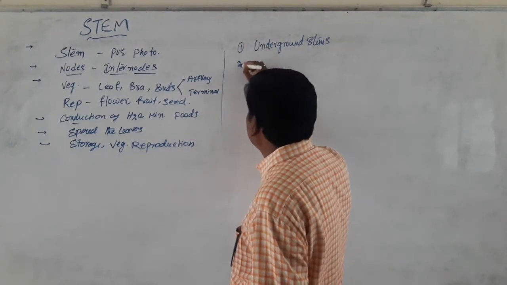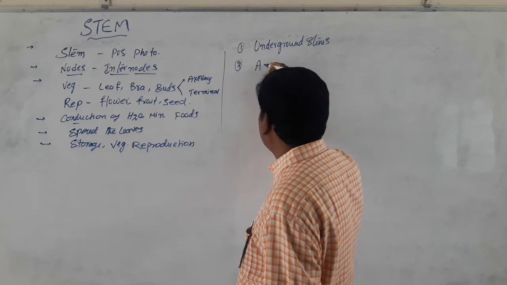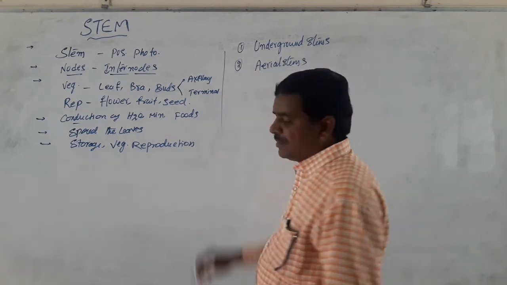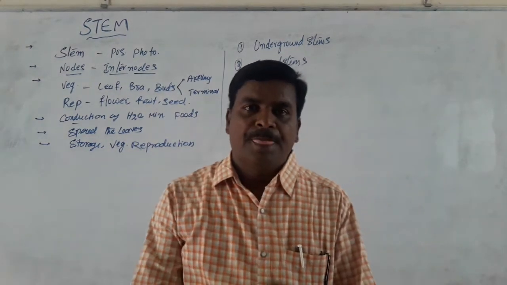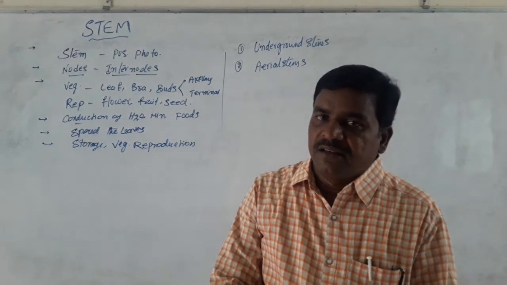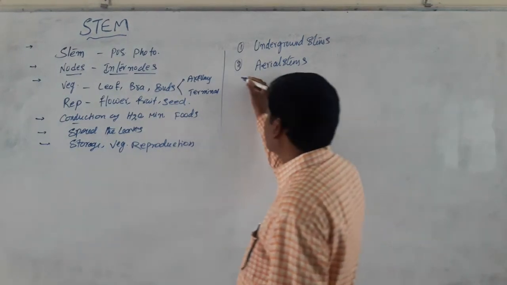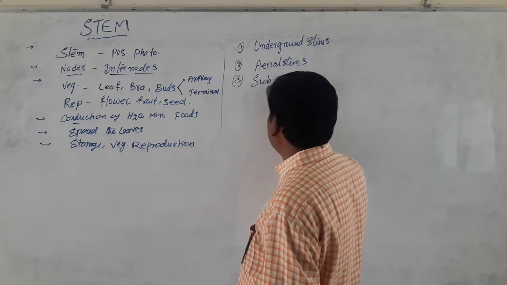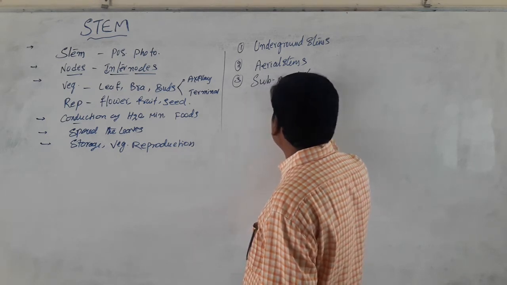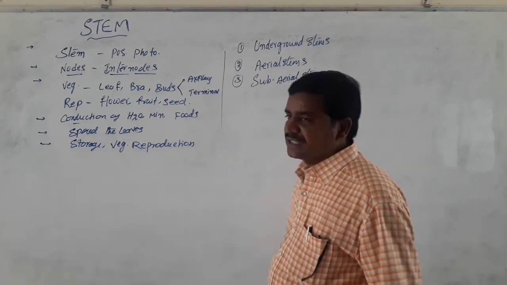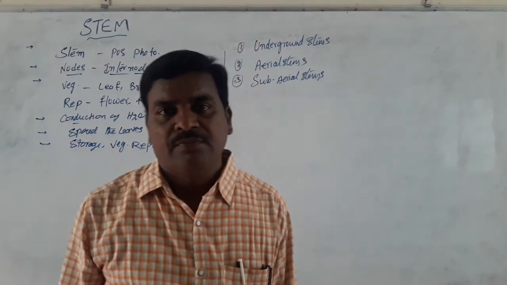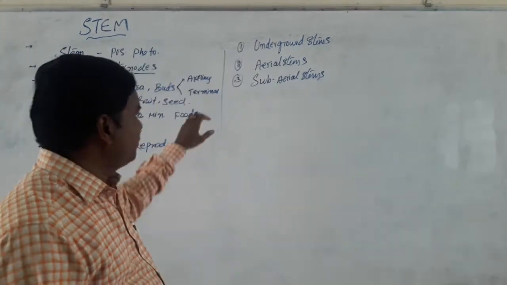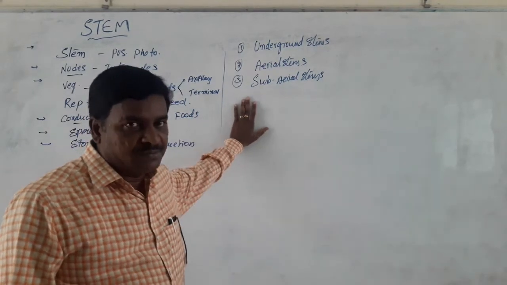The second type is aerial stems. In most of the members, the stem is present outside the ground, that is, aerially. Aerial stems are common in plants. Similarly, in some plants the stem is subaerial. Subaerial stems means the stem is partly underground and partly aerial. Such stems are called subaerial stems.